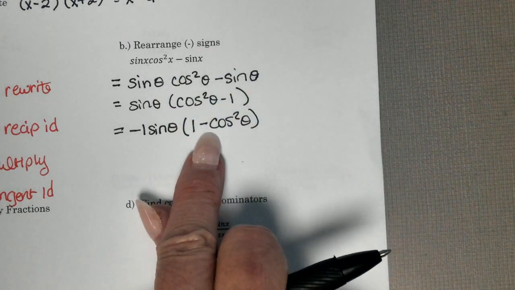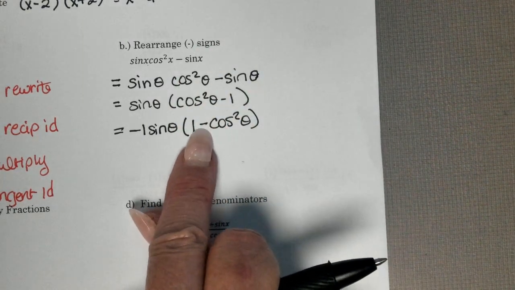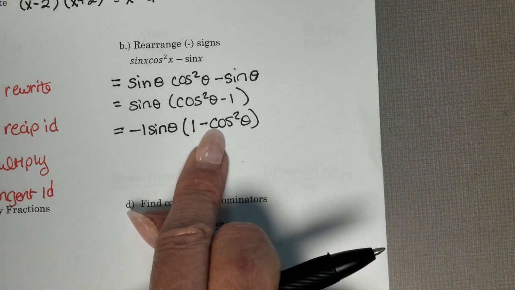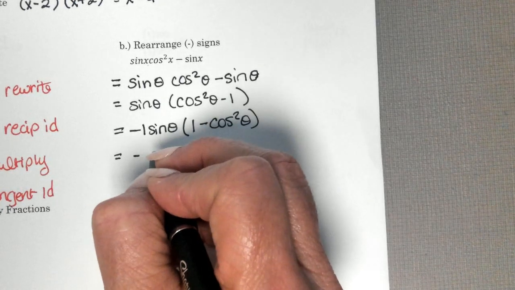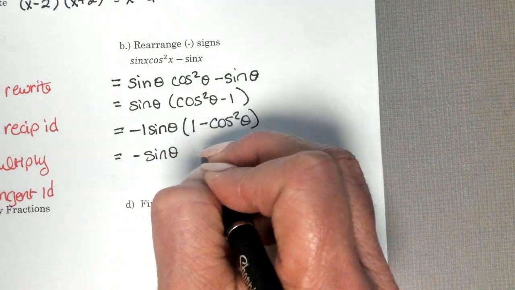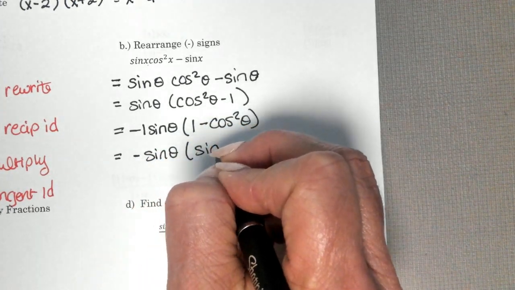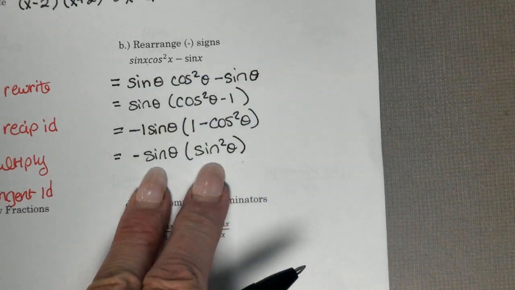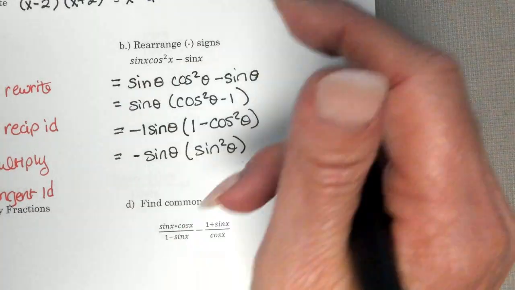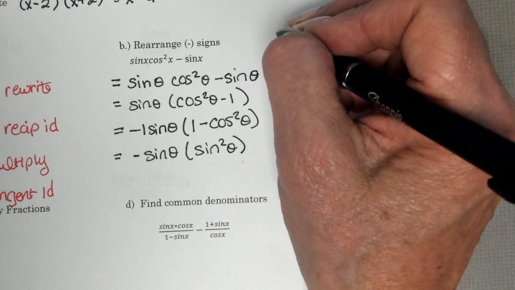And when I do that, I now can replace this with sine squared theta. So I've got a negative sine theta times sine squared theta. And when I multiply these together, I want you to think of multiplying variables.